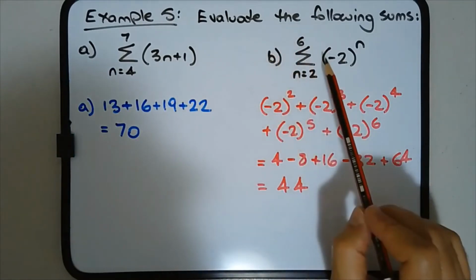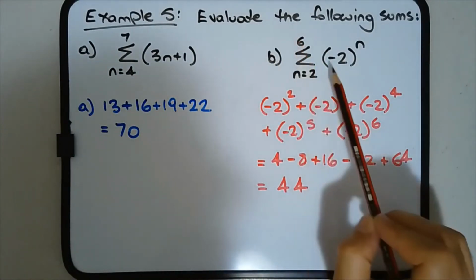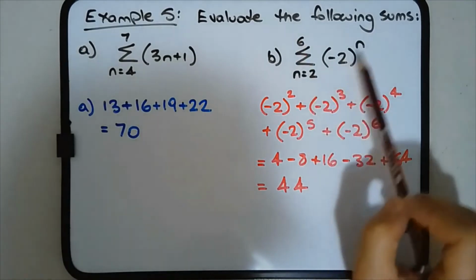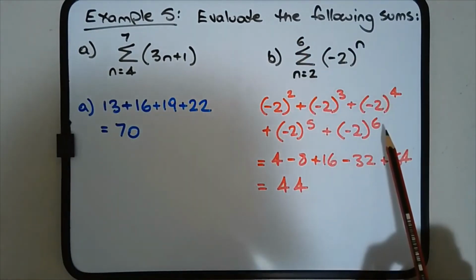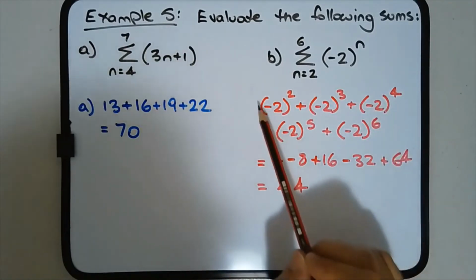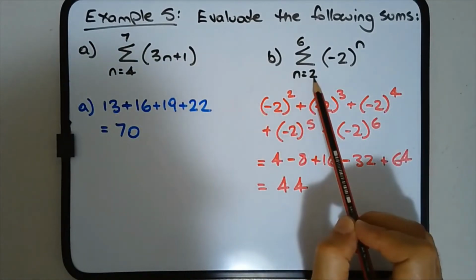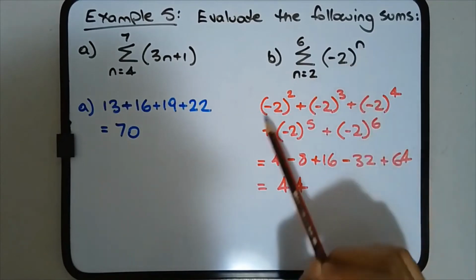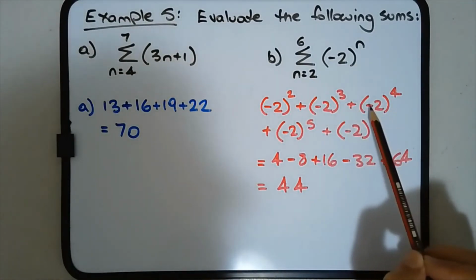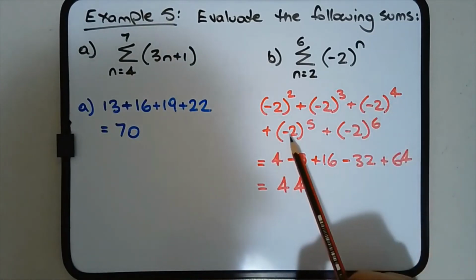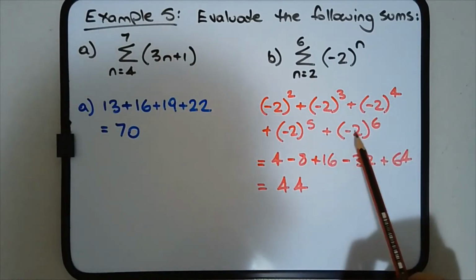Part B, the sum from n equals 2 to 6 of negative 2 all to the power of n. So we'll just form the sequence and add them up. So negative 2 all squared, that's when n equals 2, plus negative 2 all to the power of 3 plus negative 2 all to the power of 4 plus negative 2 all to the power of 5 plus negative 2 all to the power of 6.